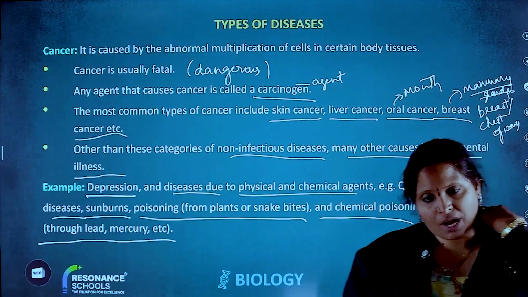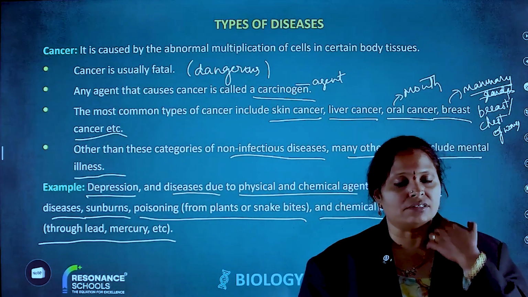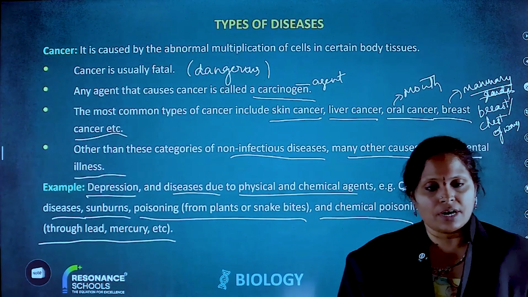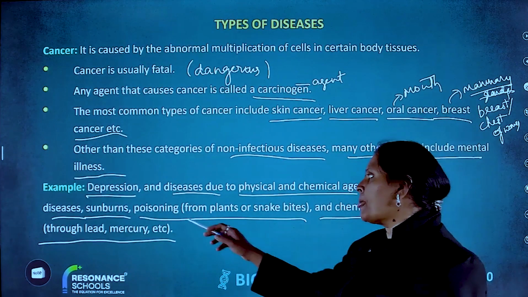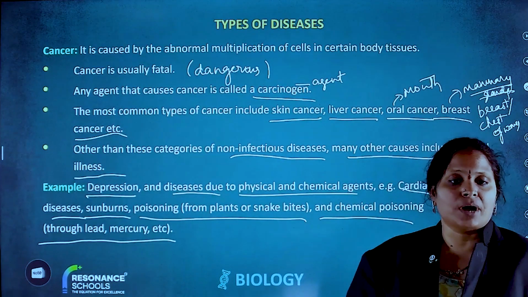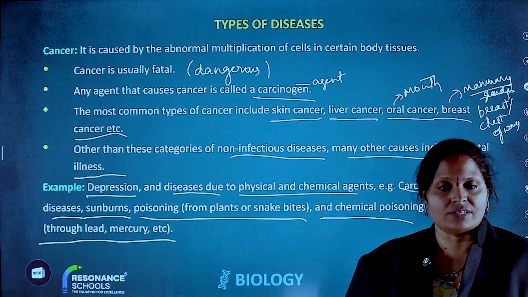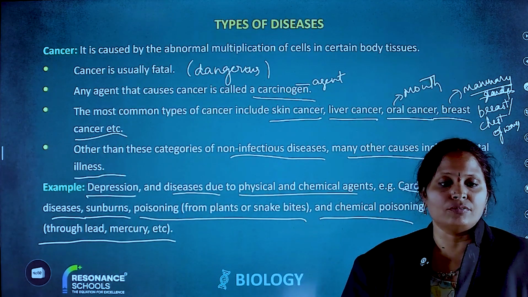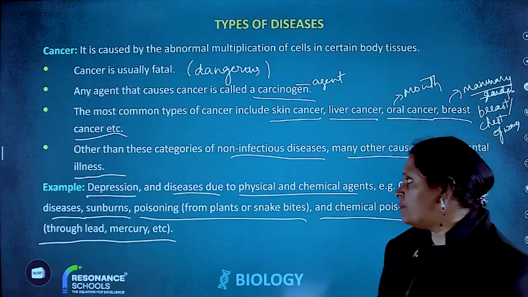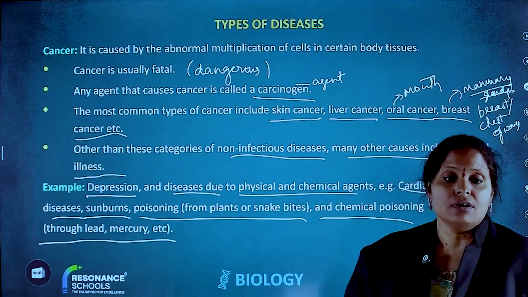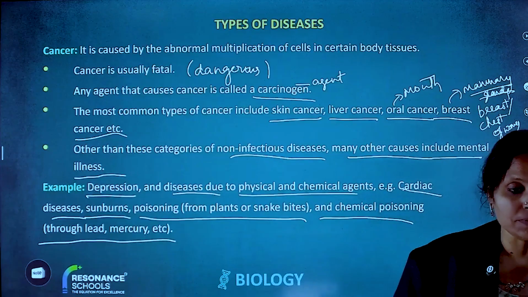For example, cardiac diseases, sunburns due to UV rays, and poisoning when we eat some kind of plant, fruits or flowers. Some fruits or flowers also release poison which will damage our body, and sometimes it is very fatal.